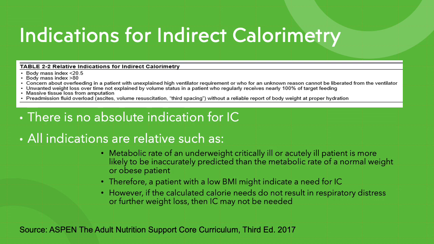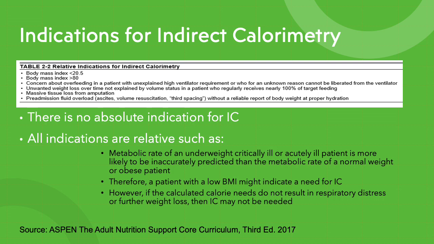You could use it if you're concerned about overfeeding a patient, one that has an unexplained high ventilator requirement or for an unknown reason can't be liberated from the ventilator, those that have massive tissue loss from amputations, and somebody that maybe had pre-admission fluid overload like ascites, received a bunch of volume resuscitation, is third spacing, without a reliable report of body weight at a proper hydration status. But all these indications are relative.